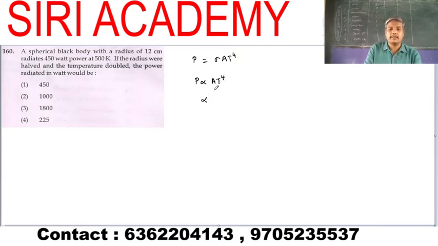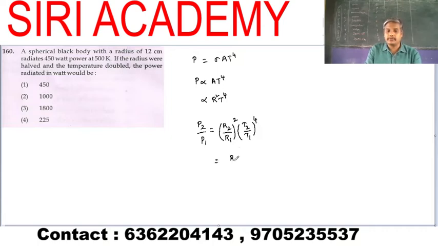As it is a spherical body, the surface area is given by 4 pi r square, times T power 4. So P2 by P1 is equal to R2 by R1 whole square into T2 by T1 whole power 4.